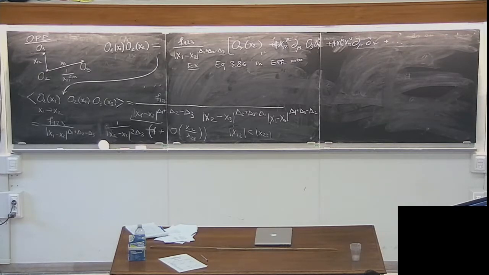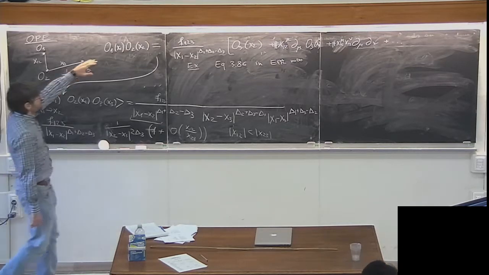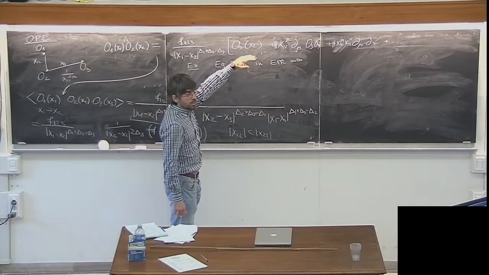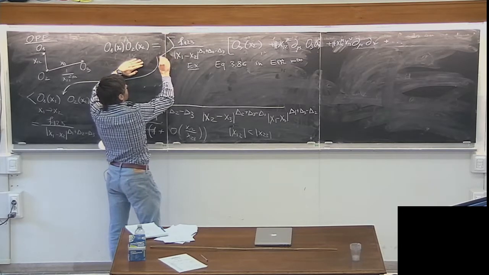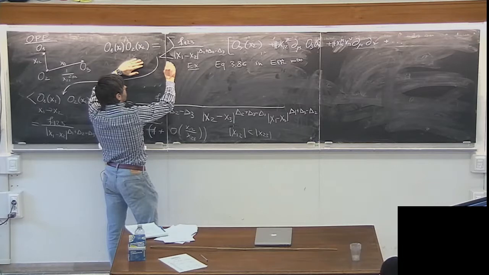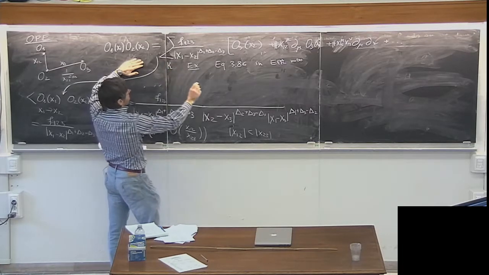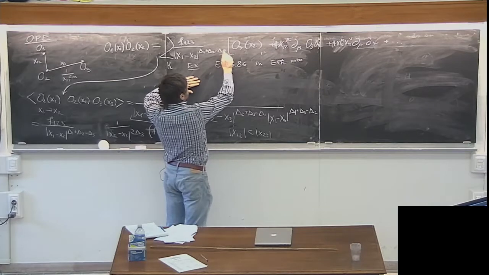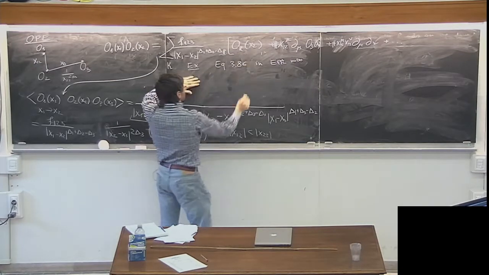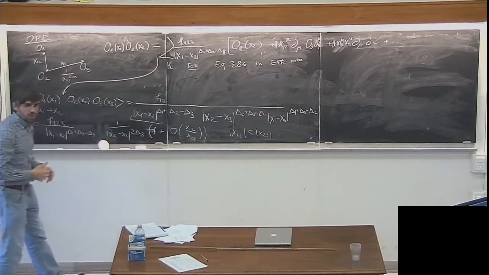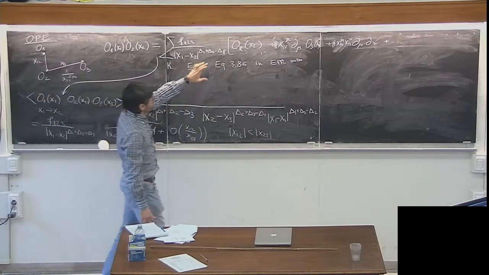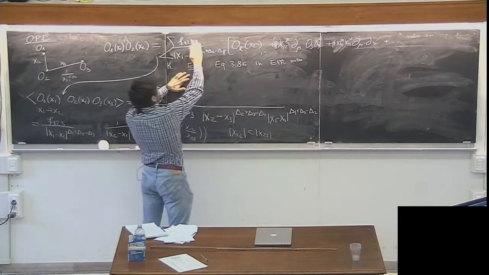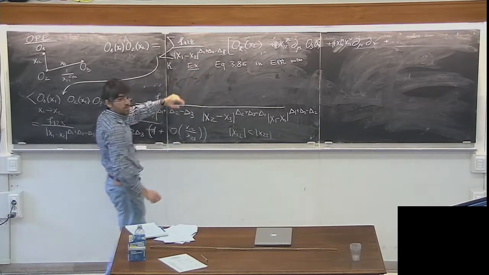Another comment is that here I focused on the operator O3, but a more proper way to write the OPE is to put a sum over k, where instead of 3 I write k. So there are infinitely many operators which occur in the OPE, each with its own coefficient f1 2 k.